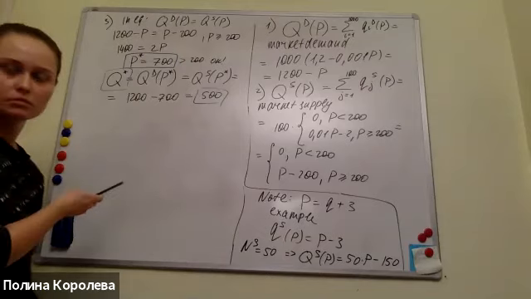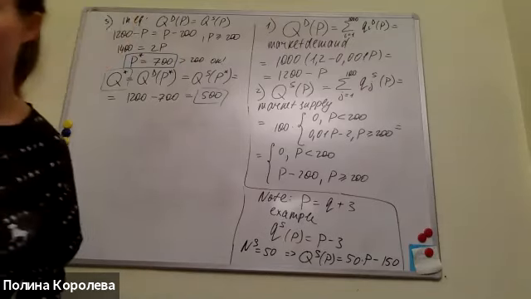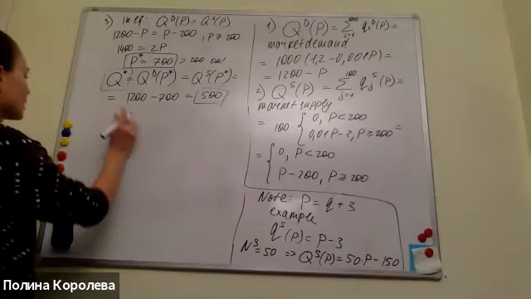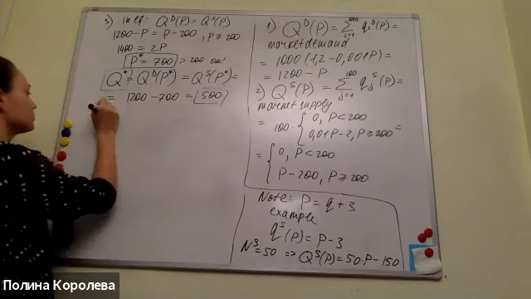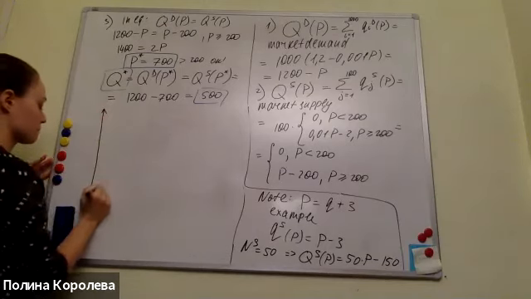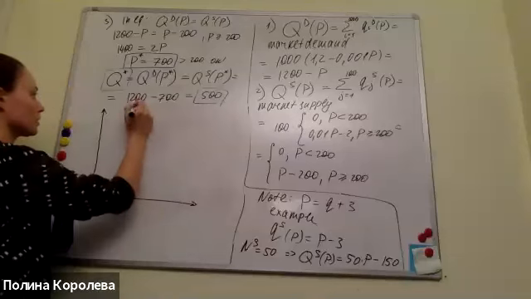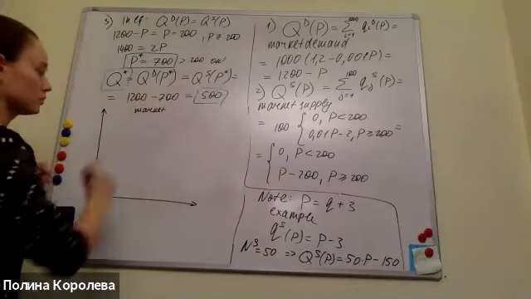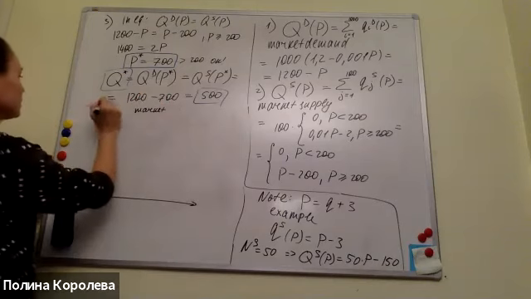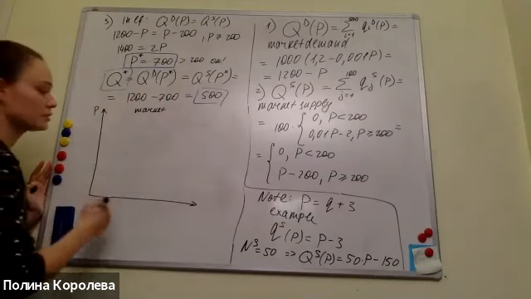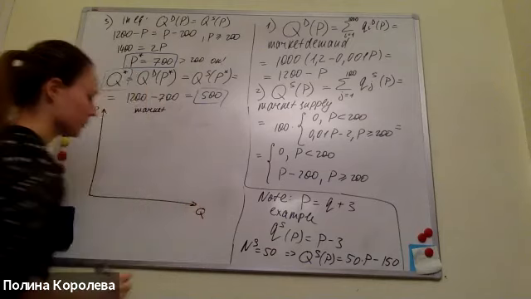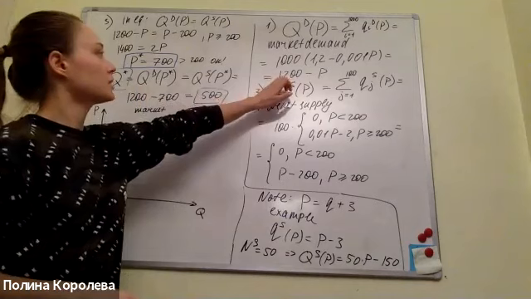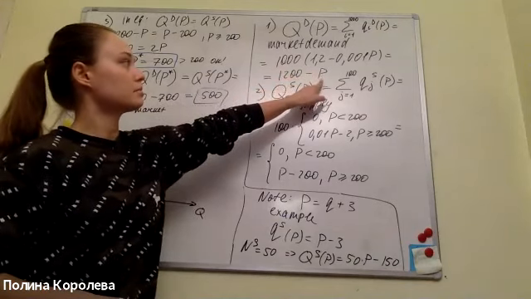Okay. So good. Then let's draw the graph. Let's illustrate. We draw the market. Here will be the price, vertical axis, here quantity. So our demand function, 1,200 minus price.